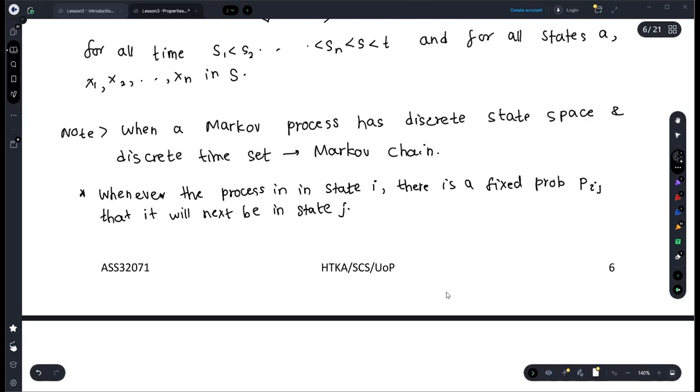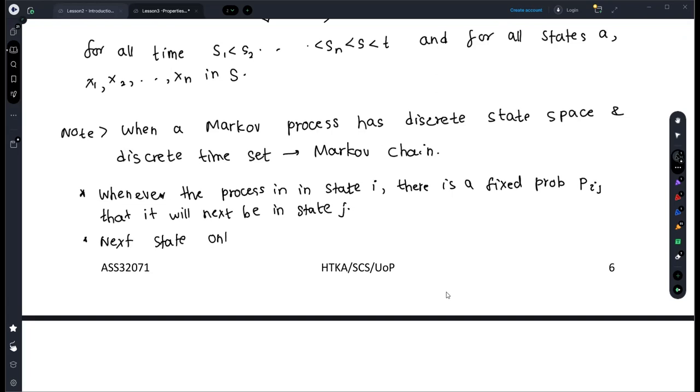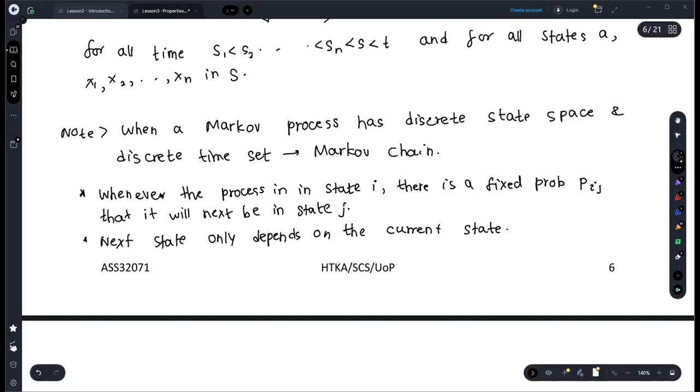Those things we will learn under Markov chains. So the next state only depends on the current state, right? Okay. All right. So we'll discuss in detail about Markov chains later.